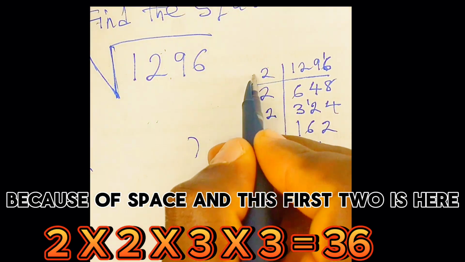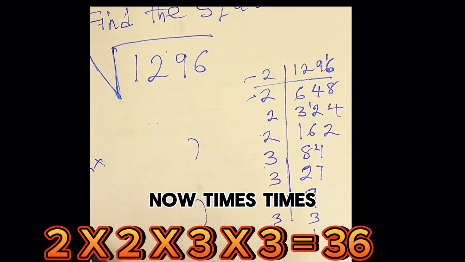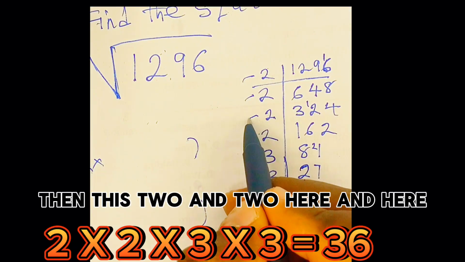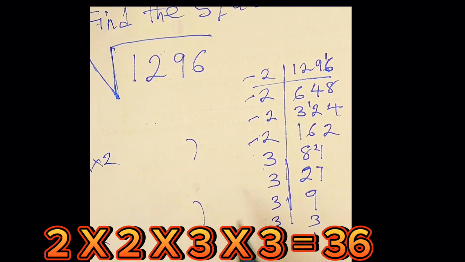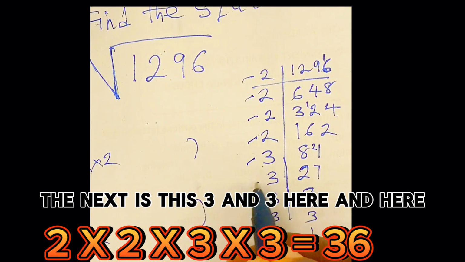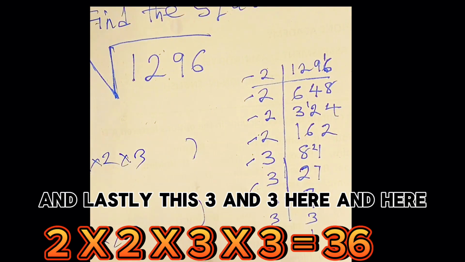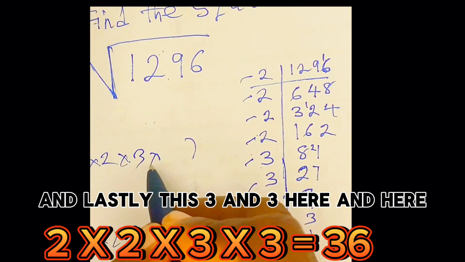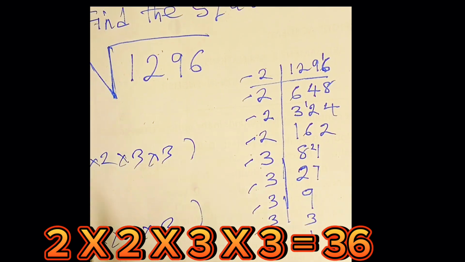The next 2 and 2 here and here. The next is this 3 and 3 here and here. And lastly, this 3 and 3 here and here, okay?